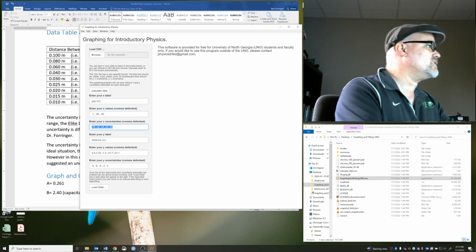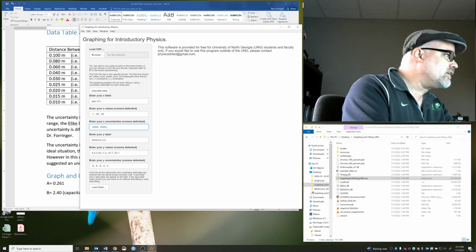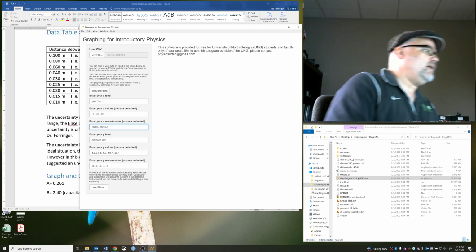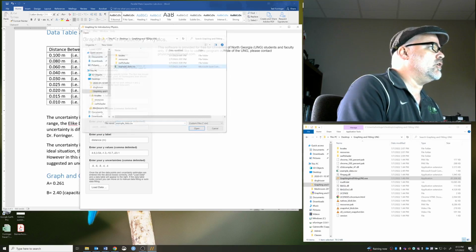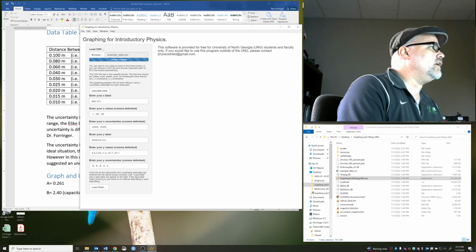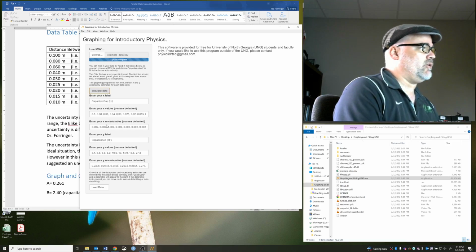My X uncertainties are 0.0005, comma, 0.0005, comma, and type those all in. That works. Or if I load the data file, I can populate that automatically, and it will basically just type in all the data for me.